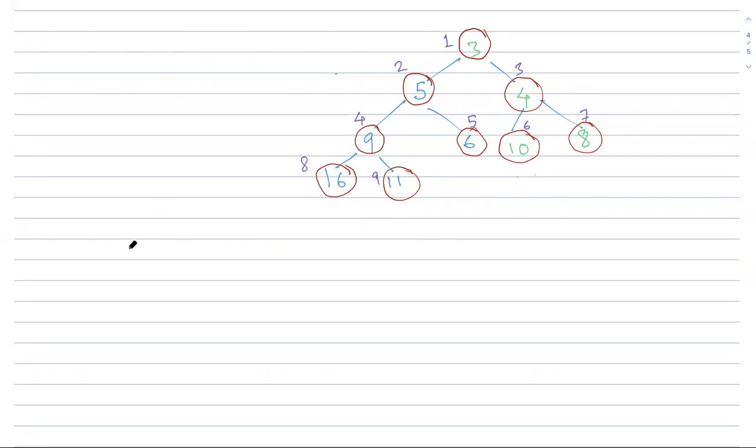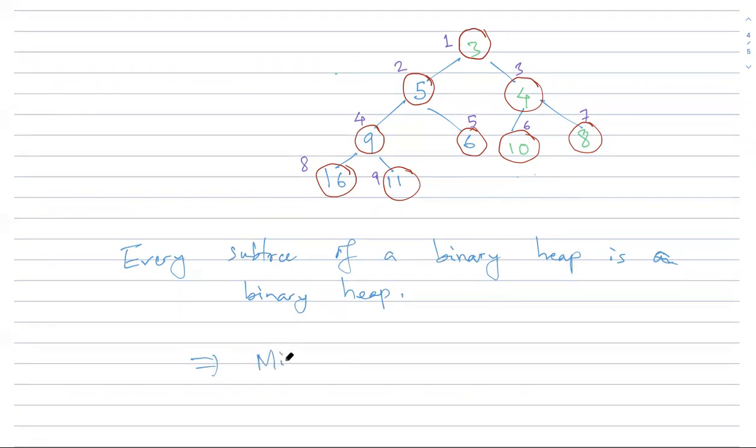So one important property to just note here, so every subtree of a binary heap is a binary heap. So in other words, the min heap.